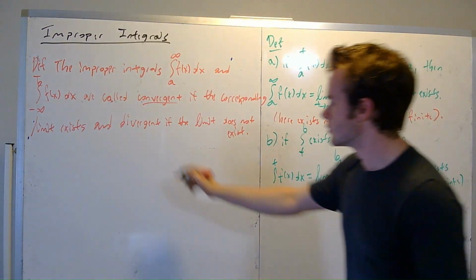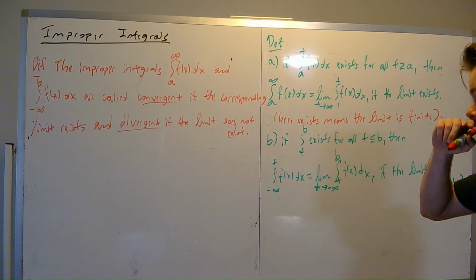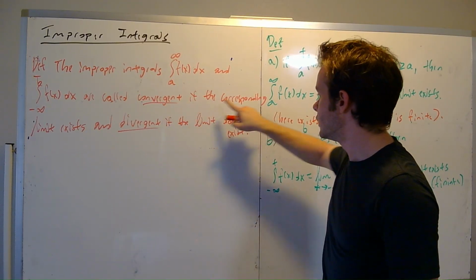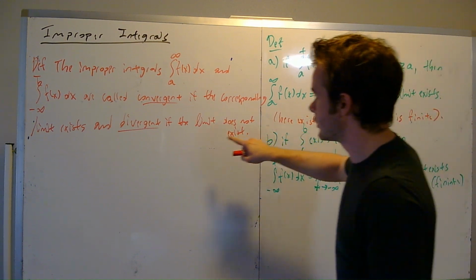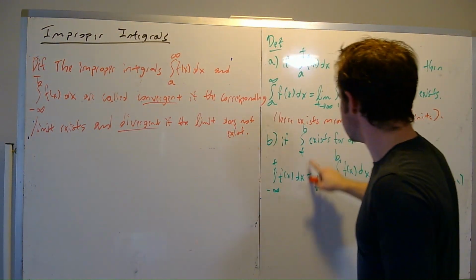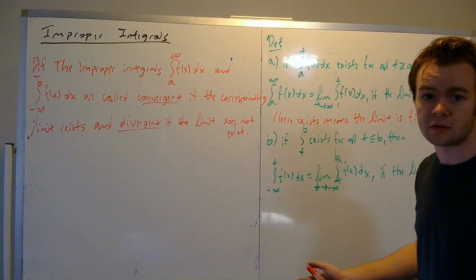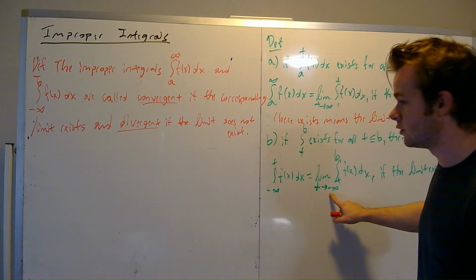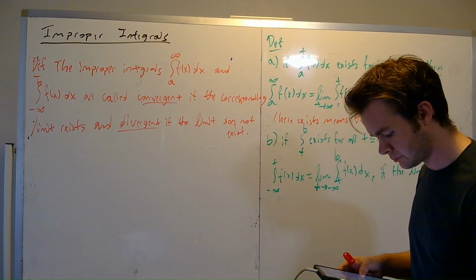Right. So these are just two new words that we're defining here. We'll say that this integral converges or is convergent if that limit here exists, and we'll say that the integral is divergent if this limit here does not exist, meaning it either doesn't exist or it's not finite. So if the limit here is infinite, then we'll say that it's divergent. Okay.